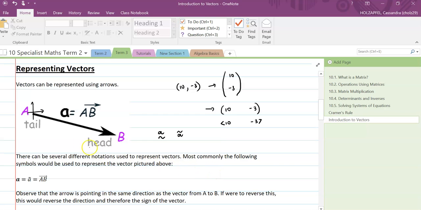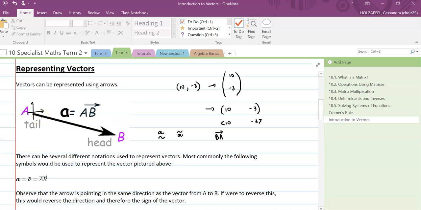In this particular case, because we're going from A to B, the arrow should be pointing from A to B. So if we were to reverse this, if we were to write this as B A and point it that way, that would actually be implying that this is going from B to A, and this would actually be opposite to this vector.